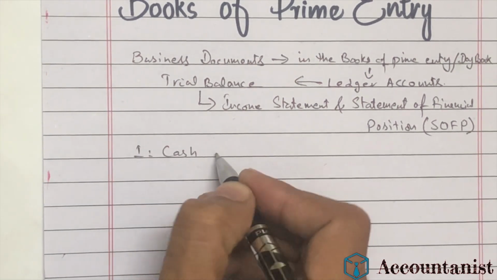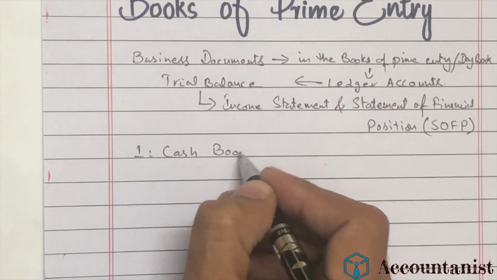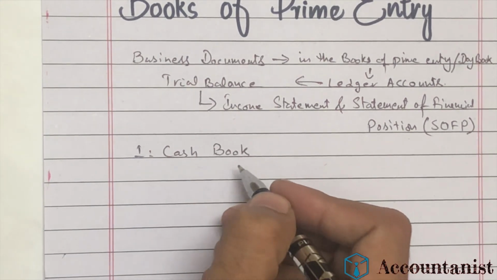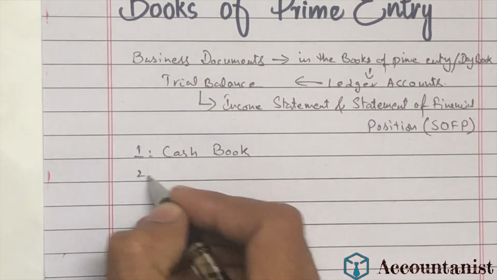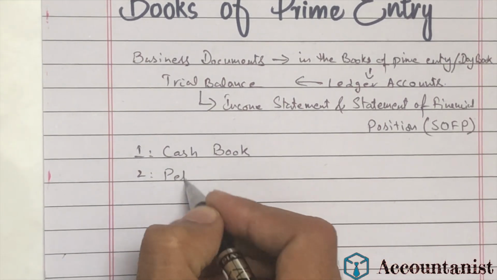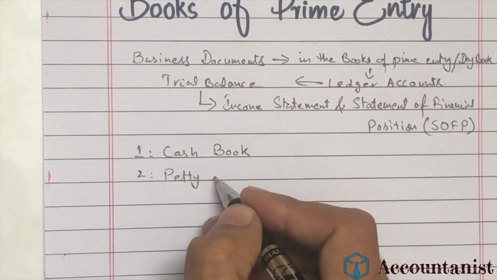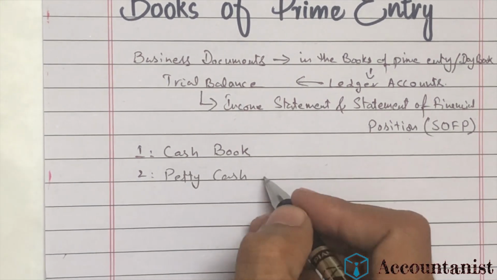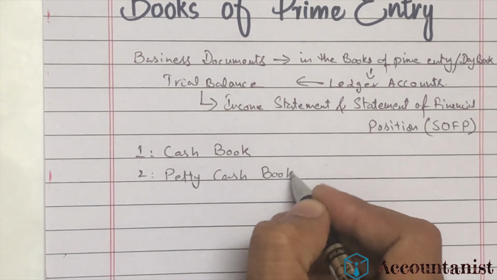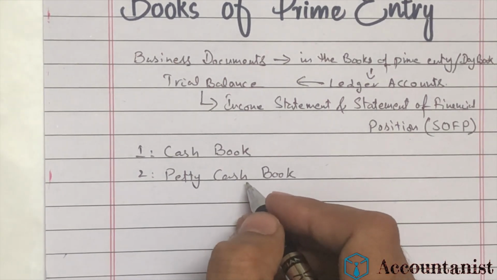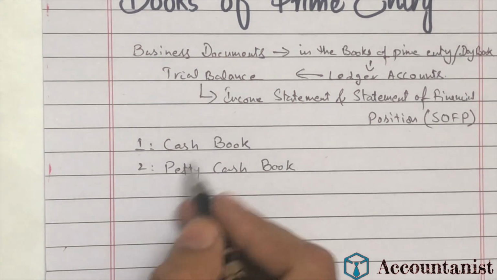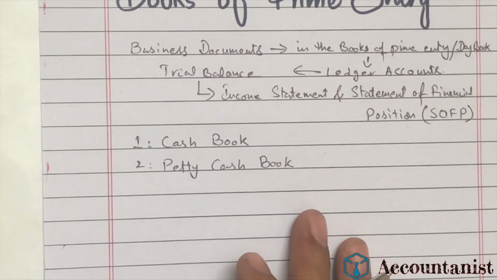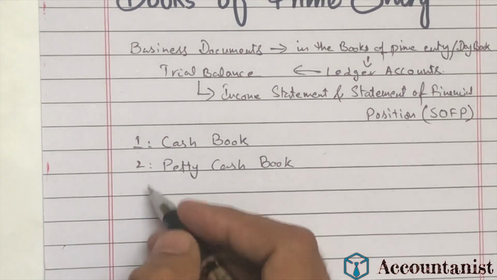We already learned how to make a cash book. The second one is the petty cash book. It's not necessary that every business makes a petty cash book, but most companies do, to record the small transactions.